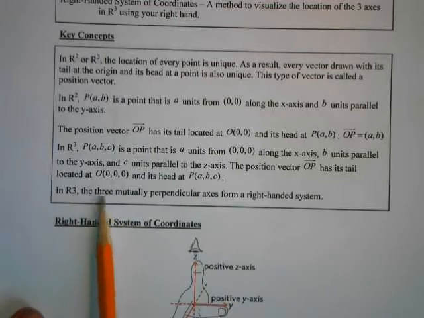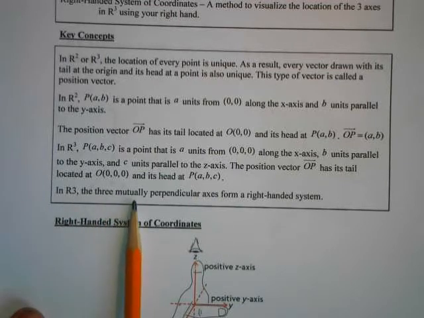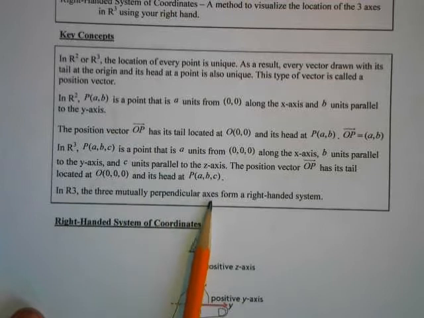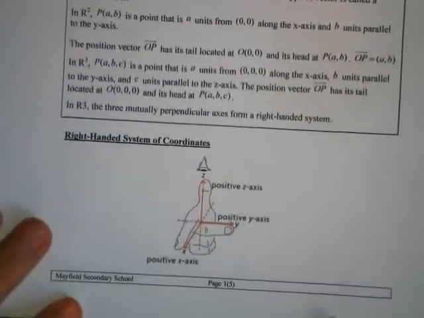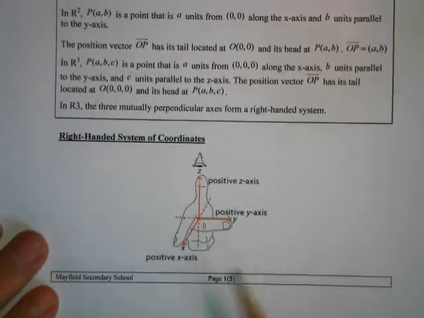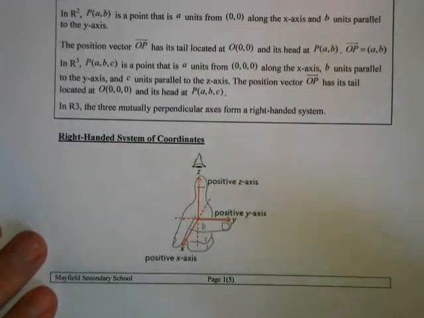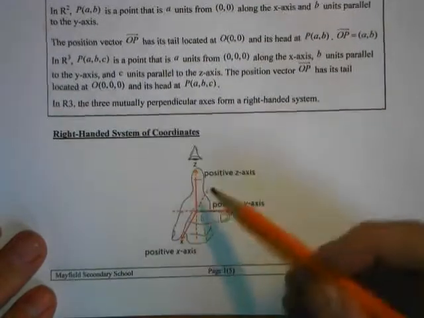Now, in R3, the three mutually perpendicular axes, and we'll see this in a second, form a right-handed system.